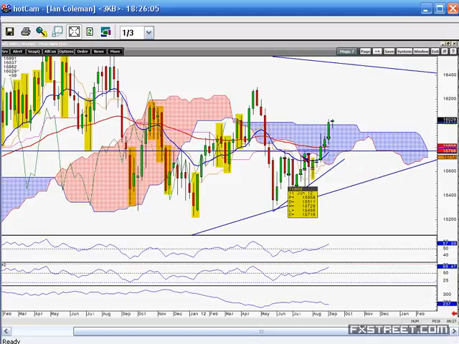Now we know that, again, talking about chart patterns, the ascending triangle formation has a bias to break to the upside. Now, the actual target level for an ascending triangle formation, we take the base, which is here, we take the area of resistance, we take the longest point, and then we project that from the break point.